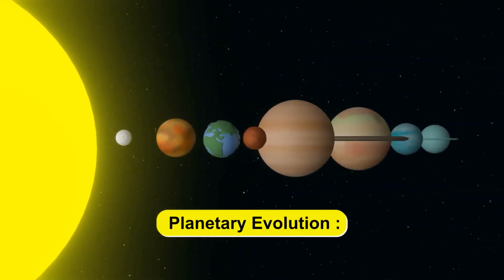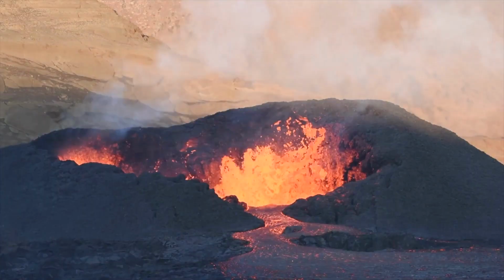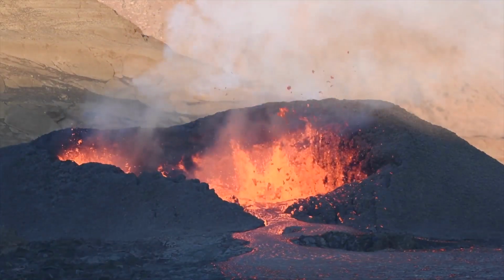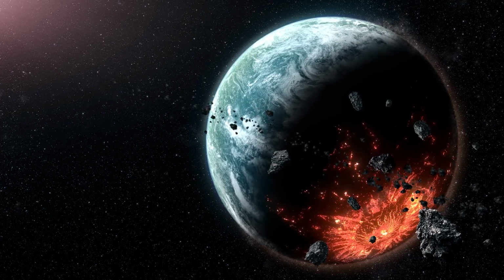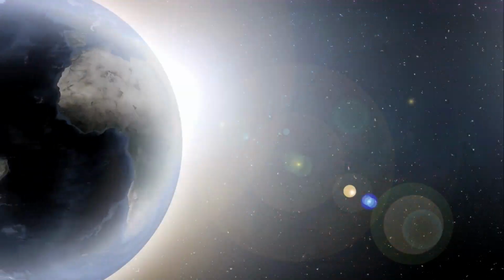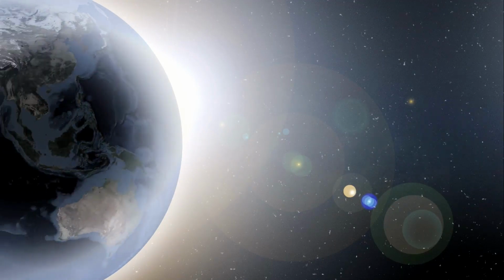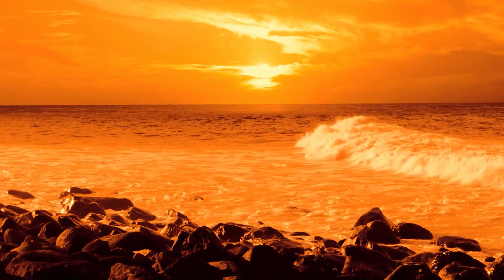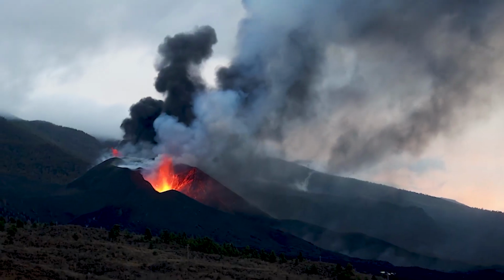Planetary evolution. After its formation, Earth underwent a phase of intense volcanic activity and frequent impacts from asteroids and comets. Gradually, the Earth's surface cooled, allowing for the formation of oceans and the development of early atmosphere through volcanic outgassing.